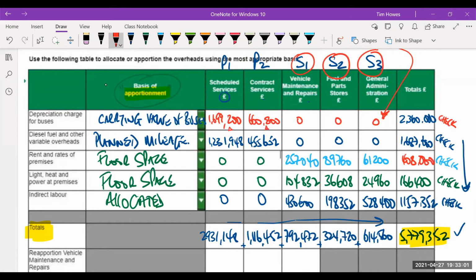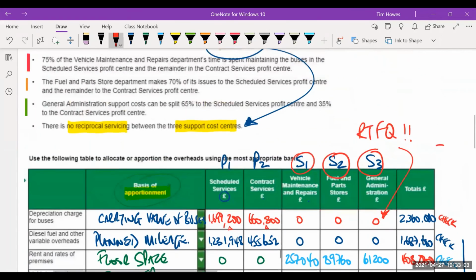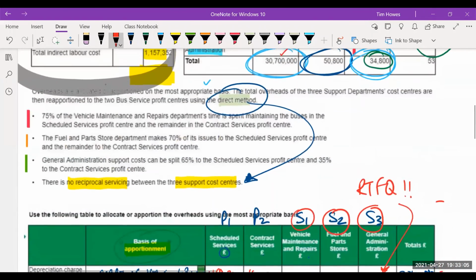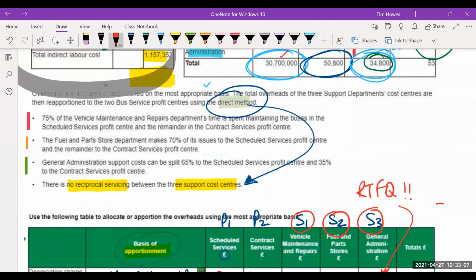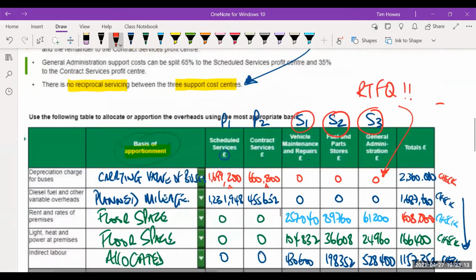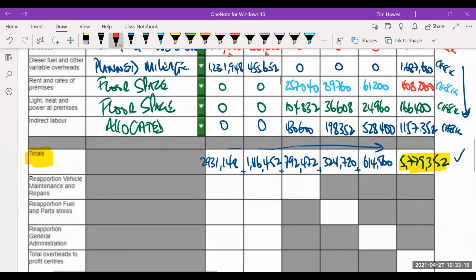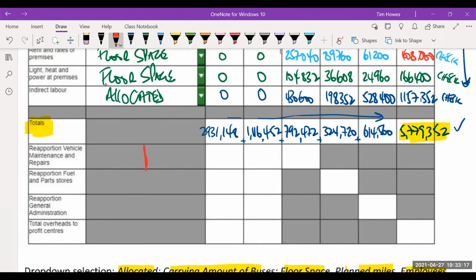All right. And so this is the stage here, isn't it, where it said 75% of the vehicle maintenance and repairs is done for scheduled, the remainder is contract services. So what I'm going to do here is literally just, this is a working, you can't scribble in them, of course, but I'm going to put the percentages in here.